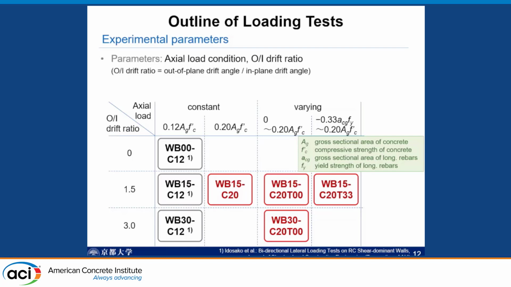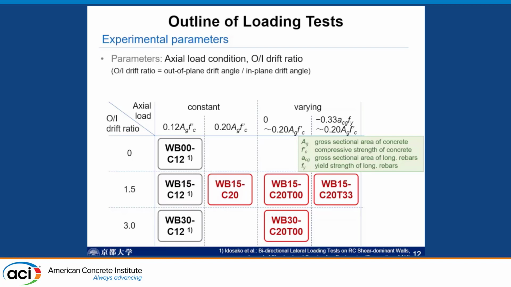This is the axial load ratio. These 2 are constant axial load ratios, and then we applied varying axial load, like 0 to 0.2 Ag f'c, where Ag is the gross sectional area of concrete and f'c is the compressive strength of concrete. And here we apply tensile axial load on the wall.